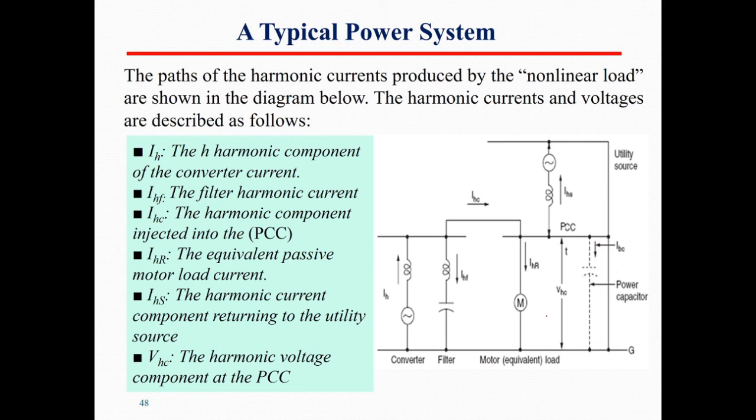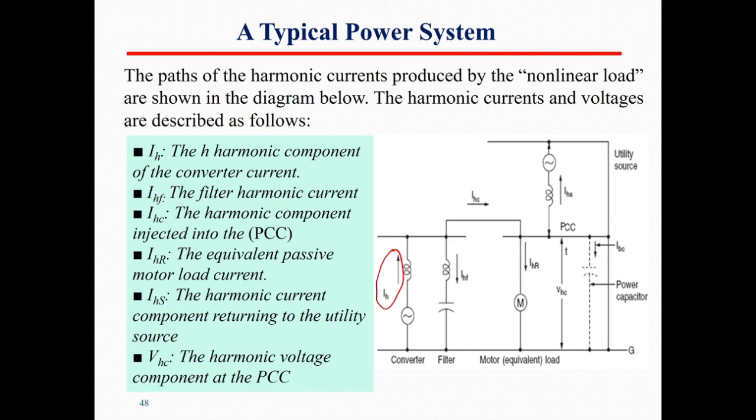So the harmonic current and voltage are described as the following. IH, which is the harmonic source of the converter. Okay, so this is the converter. Converter is providing harmonic.